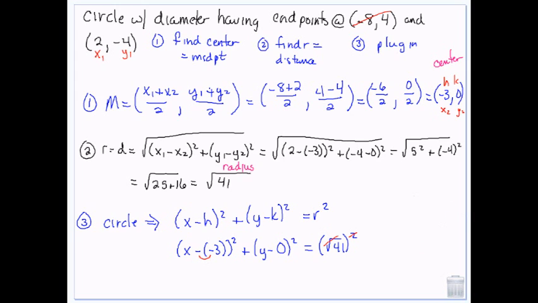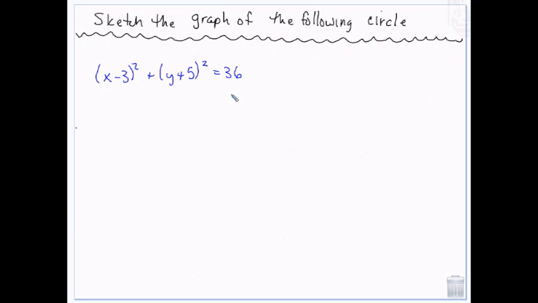Minus a negative is positive, so I get x plus 3 squared plus, well, what's y minus 0? Y, thank you, yes. Y squared equals 41. If you have a 0, it just becomes y squared or x squared. We have the equation. We're going to sketch the circle.